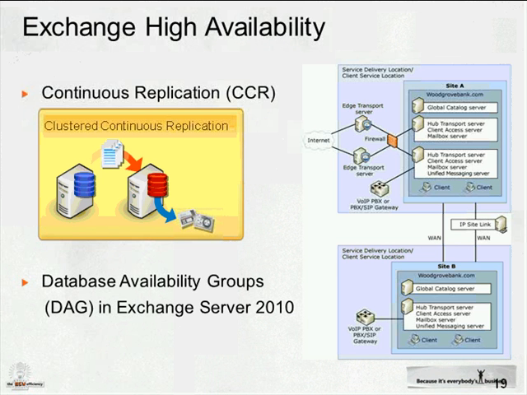So let's now review a more complex scenario with multiple Exchange servers. First of all, I'll start by summarizing Exchange high availability options. These are the clustered continuous replication in Exchange Server 2007 and the new database availability groups in Exchange Server 2010. Both modes are supported by Forefront Protection for Exchange.